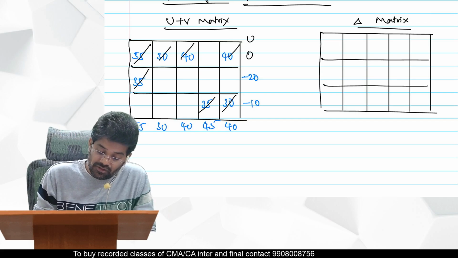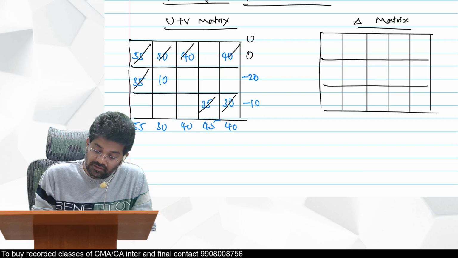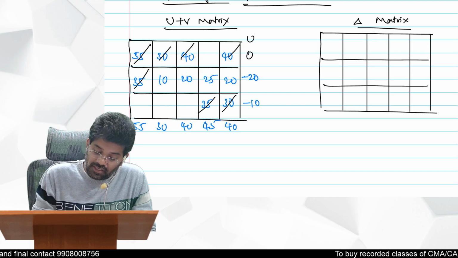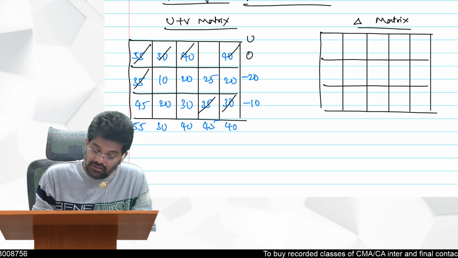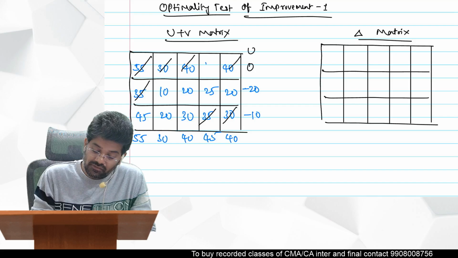Now the cost values we should get. 30 minus 20, 10, 20, 45 minus 20, here is 25, 20, 55 minus 10 is 45, 30 minus 10 is 20, 40 minus 10, 30. So we got the U plus V matrix. So 45 plus 0 is 45.